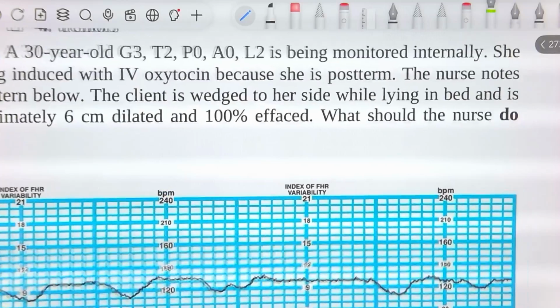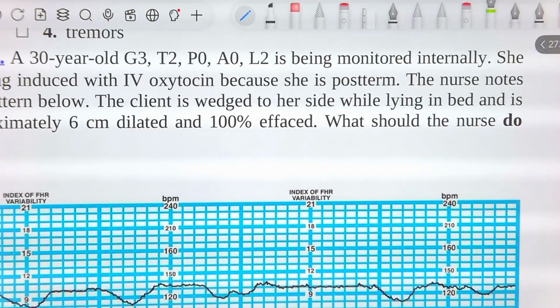So let's see the next question, 14th. A 30-year-old G3T2P0A0L2 is being monitored internally. She is being induced with IV oxytocin because she is postterm. The nurse notes the pattern below. The client is wedged to her side while lying in bed and she is approximately 6 centimeter dilated and 100% effaced. What should the nurse do first?